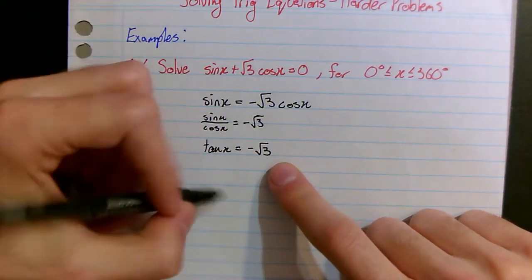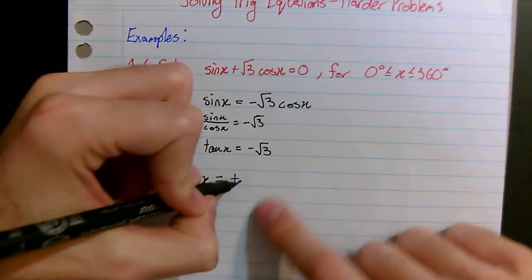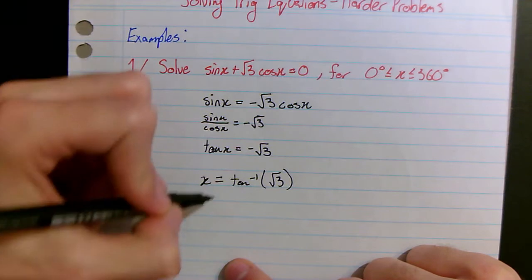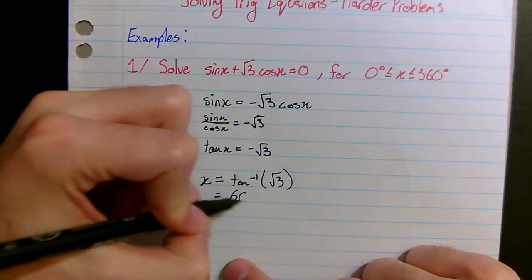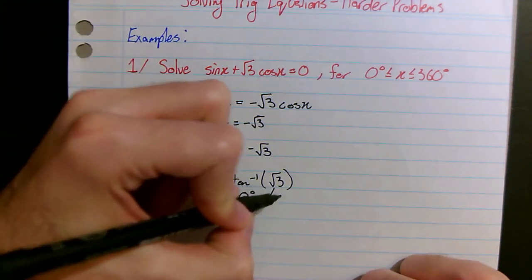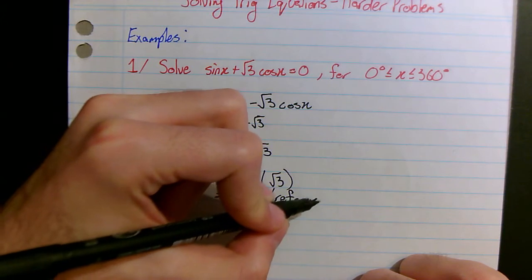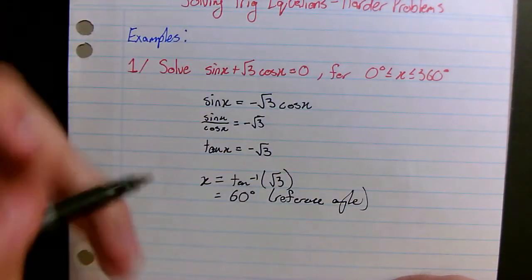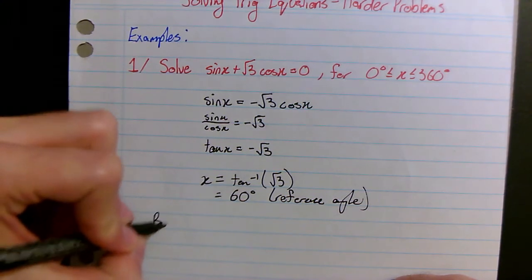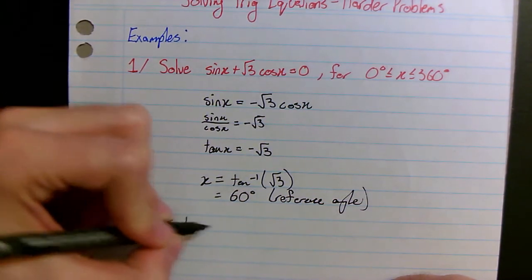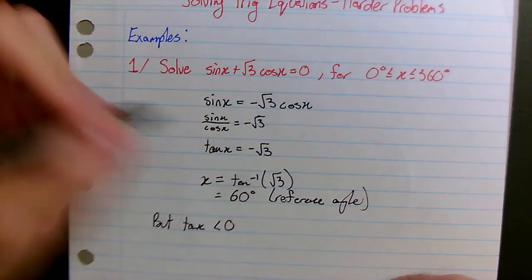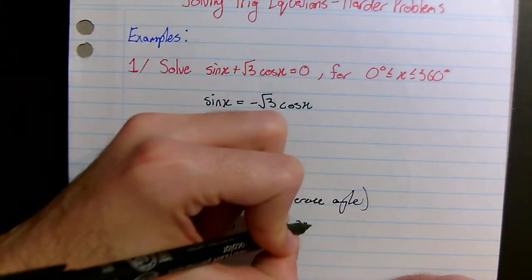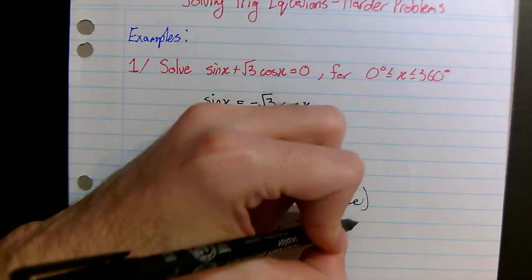Now we find our reference angle, which is inverse tan of positive root 3, and that's going to be equal to 60 degrees. That's our reference angle. Then we make a little statement: tan x is less than 0 because it's negative root 3, in the second and fourth quadrant.